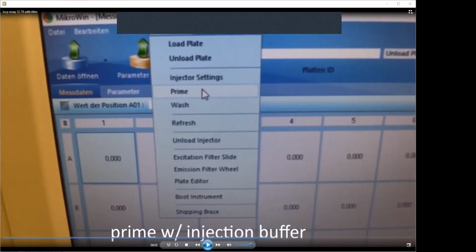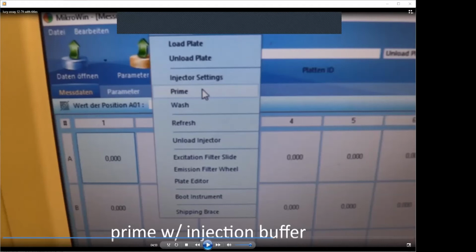The first step which we have to do is to prime with injection buffer. What does priming mean? The instrument itself has fairly long tubings, and they have to be clean, first of all. So for that, we use the protocol called washing. And the next step is priming. With the priming, you fill these tubings up to the injector with the injection buffer.